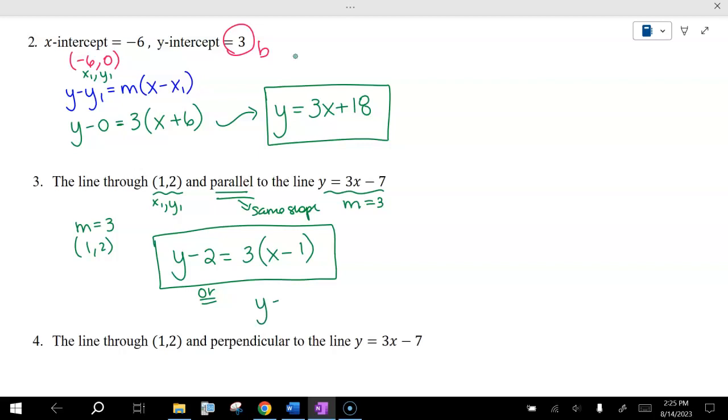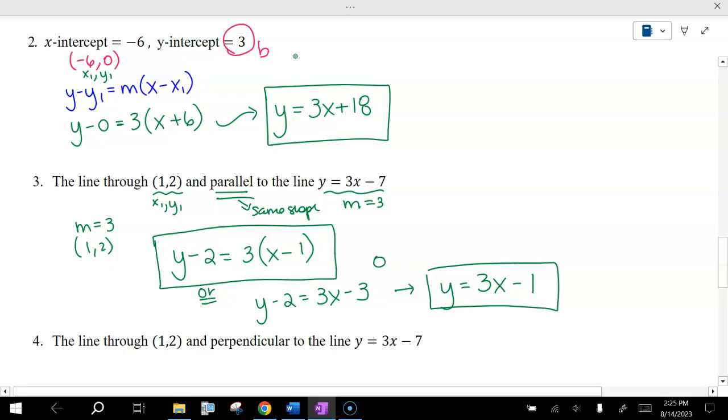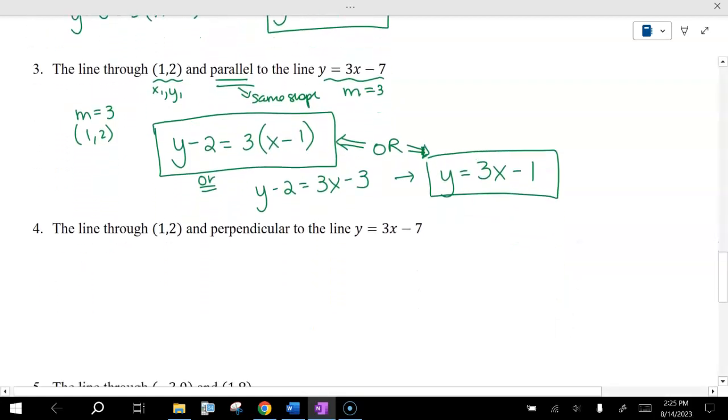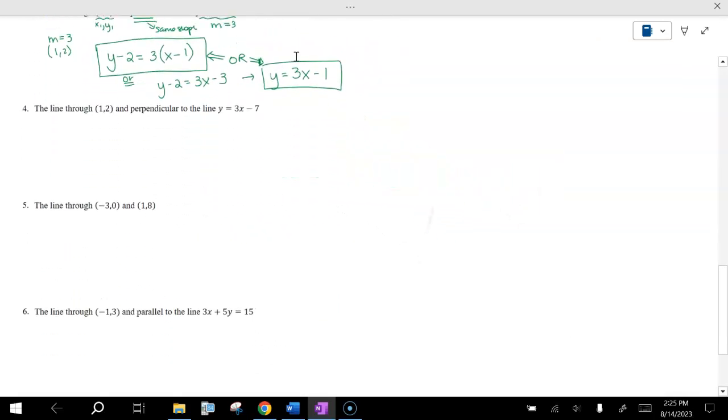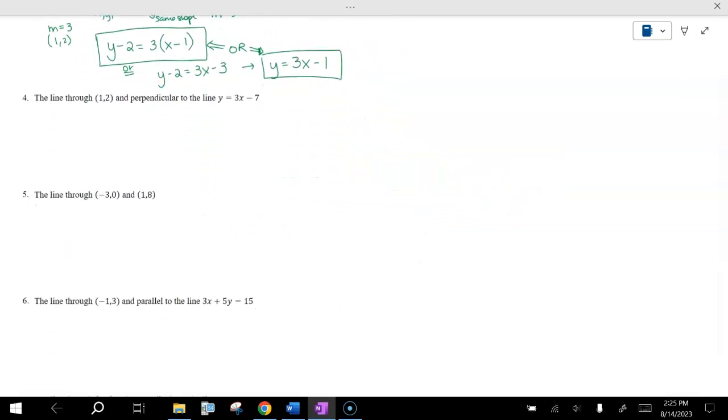So here, if we did that, we could distribute our 3 and then just add 2 to both sides. And so we get y equals 3x minus 1. Either one of these answers are acceptable here. Just depends what it's asking for in the form that it wants. So why don't you work through the rest of these and then check back for the answers.